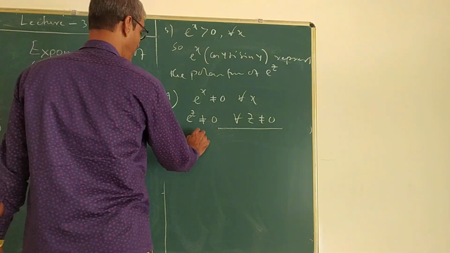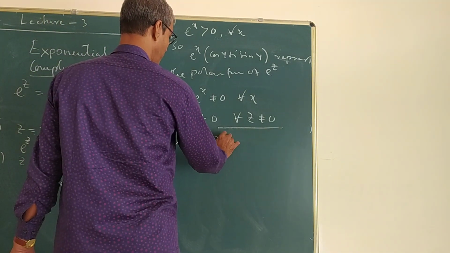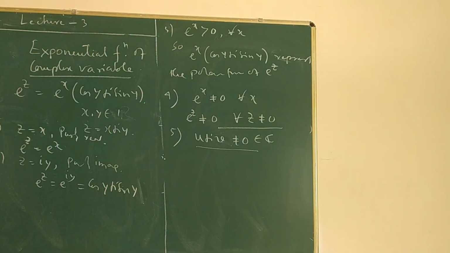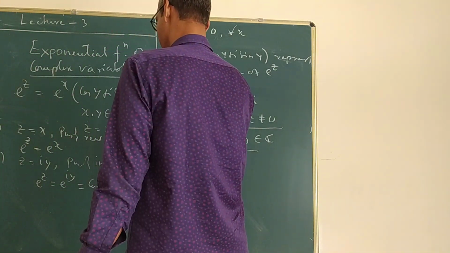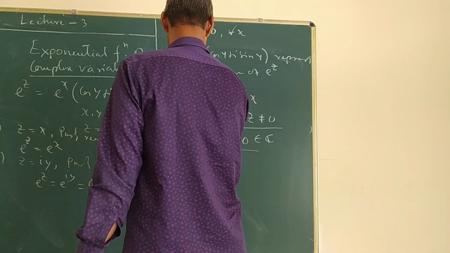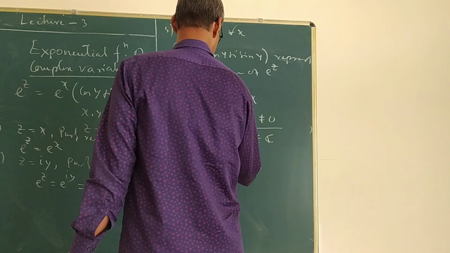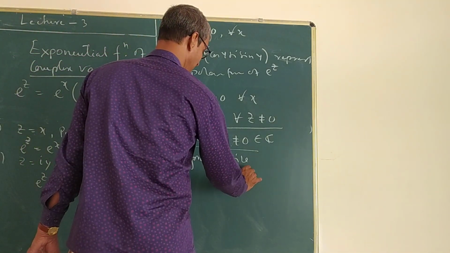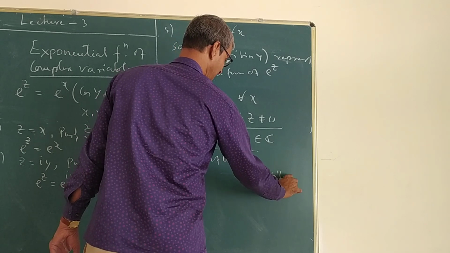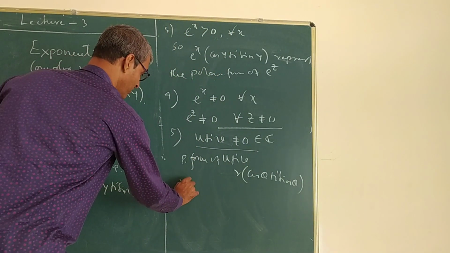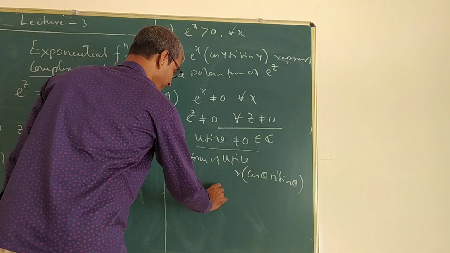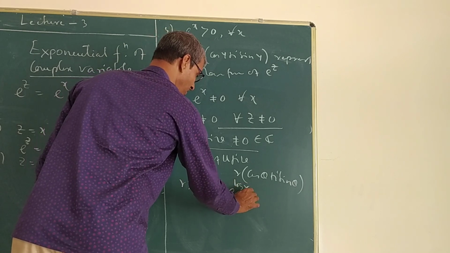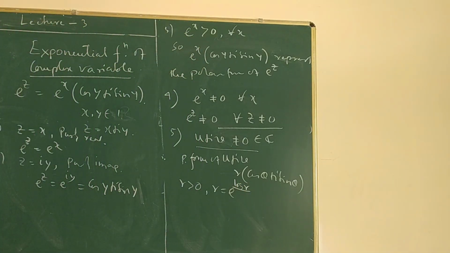Similarly, if we have a non-zero complex number u plus ib, then the polar form of u plus ib is r(cos theta plus i sin theta). Since it is non-zero, r is greater than 0, so r can be expressed as e to the power log r, because log r is real.